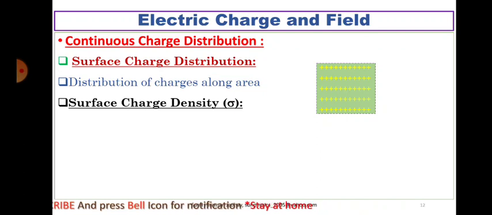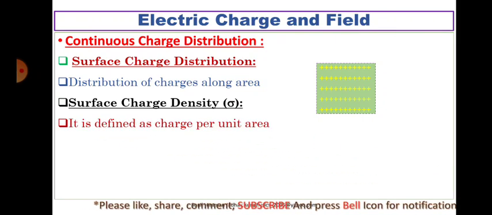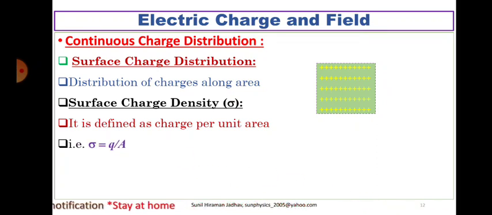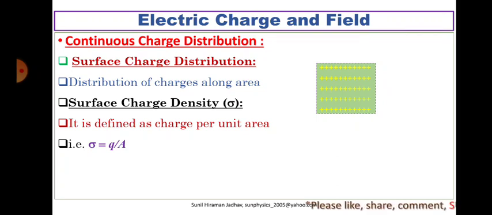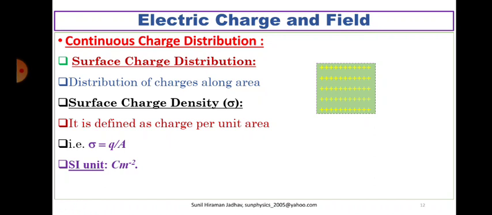In the previous case, we discussed linear charge density; now we are defining surface charge density. It is given by sigma, and it is defined as charge per unit area. Mathematically, sigma is equal to q upon A. The unit is coulomb per meter square. So in surface charge distribution, the charge is distributed over the surface area.